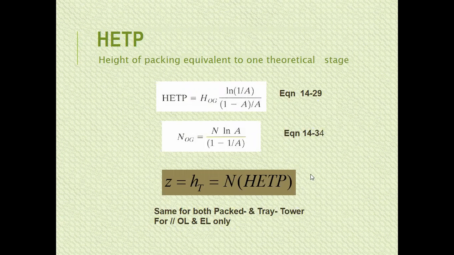So meaning, if the problem is not specifically mentioning that your operating line and equilibrium line are parallel, it's safer to use the HOG-NOG or the HG-NG formula rather than this one.